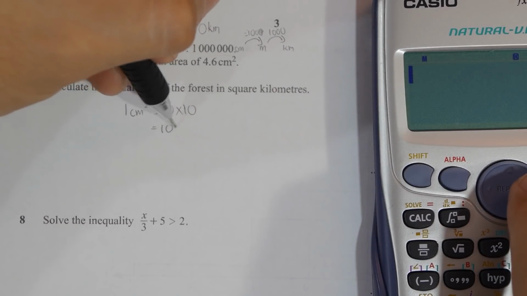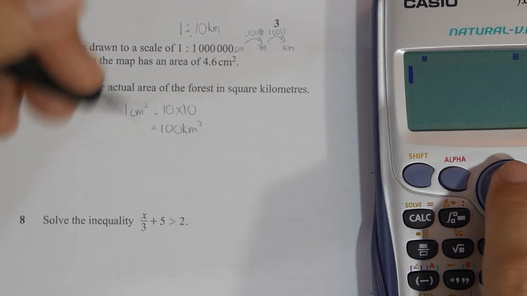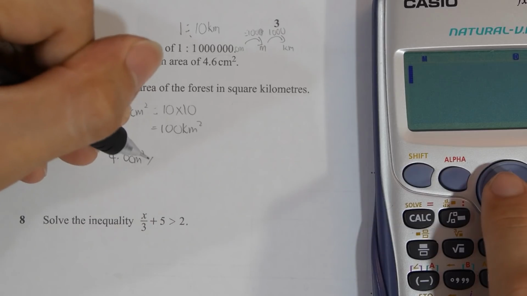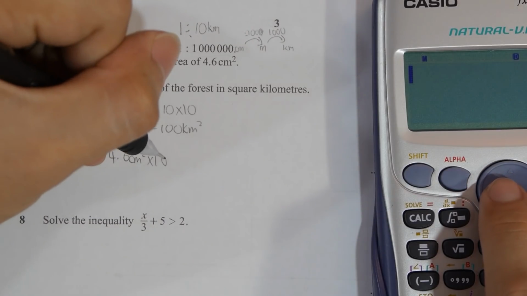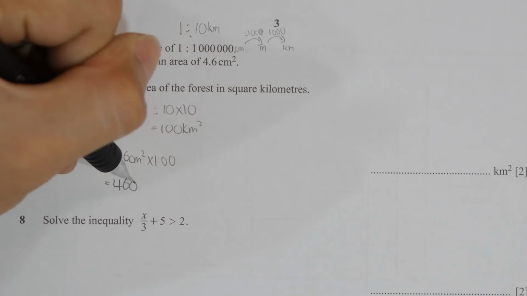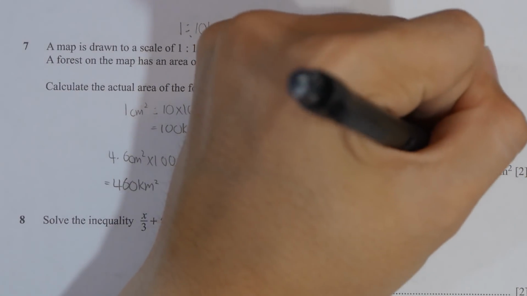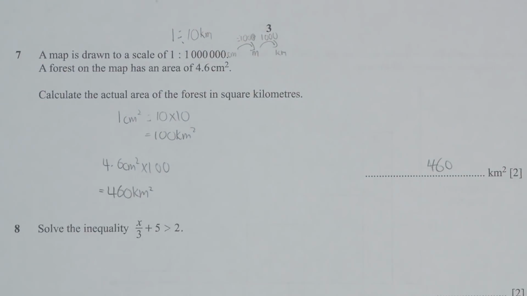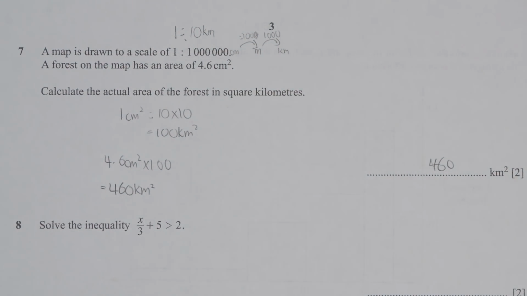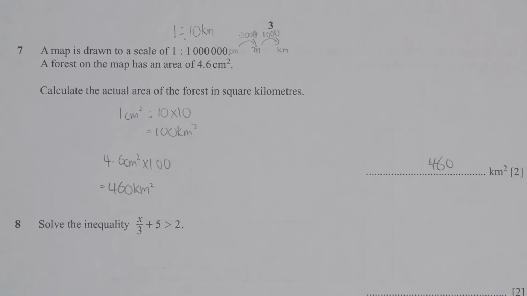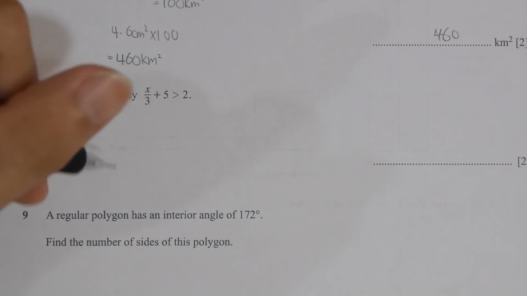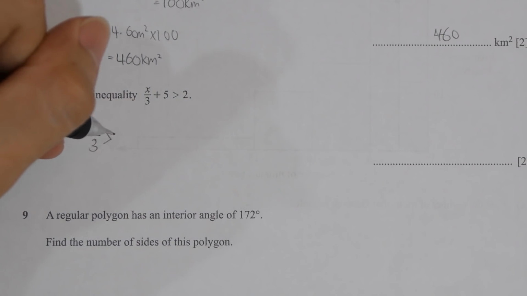Which means 1 cm square stands for 100 kilometers square. So the 4.6 cm square, you multiply by 100, then you'll be able to get the result. Part 8 is very straightforward, so I won't do any voiceover for this part.